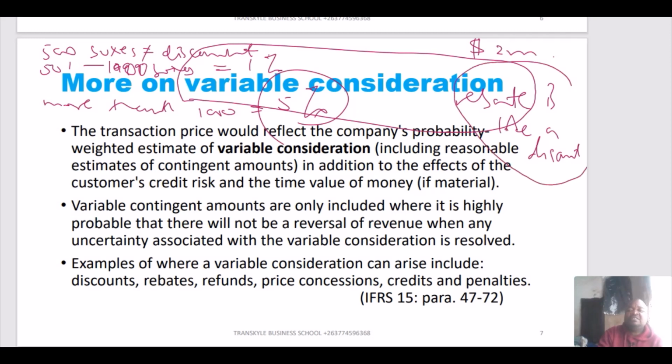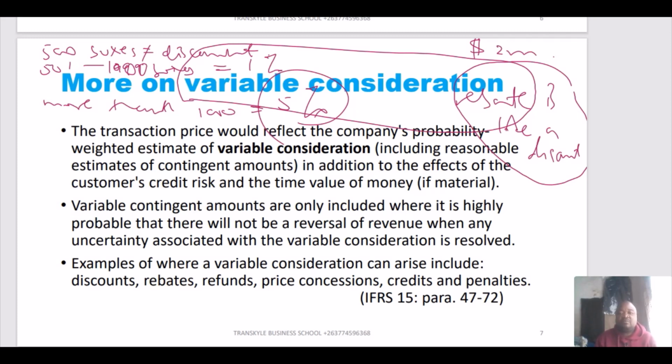The only difference between the two is that a discount is enjoyed at the time when one is getting involved with the sale, or when he is entering into the transaction. However, the rebate is after the transaction.